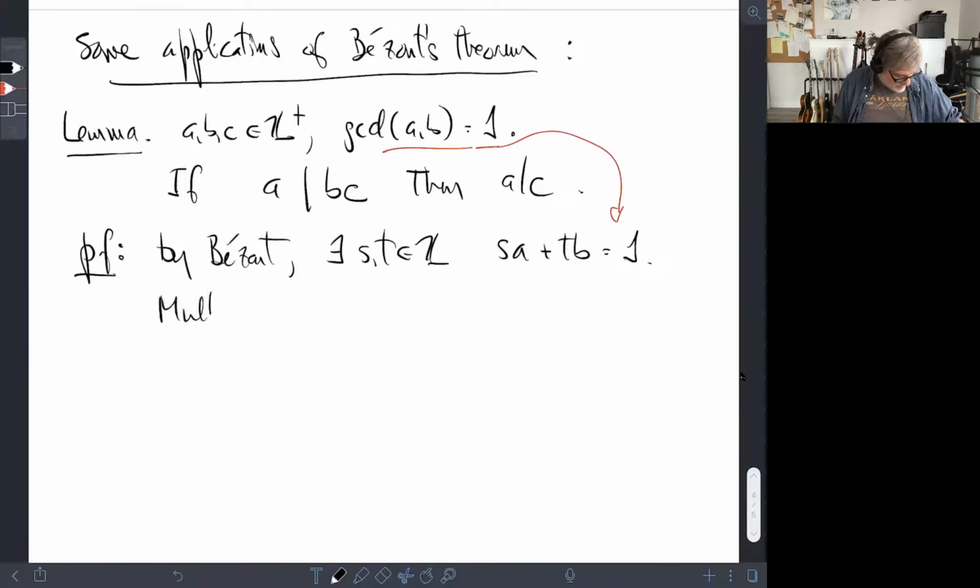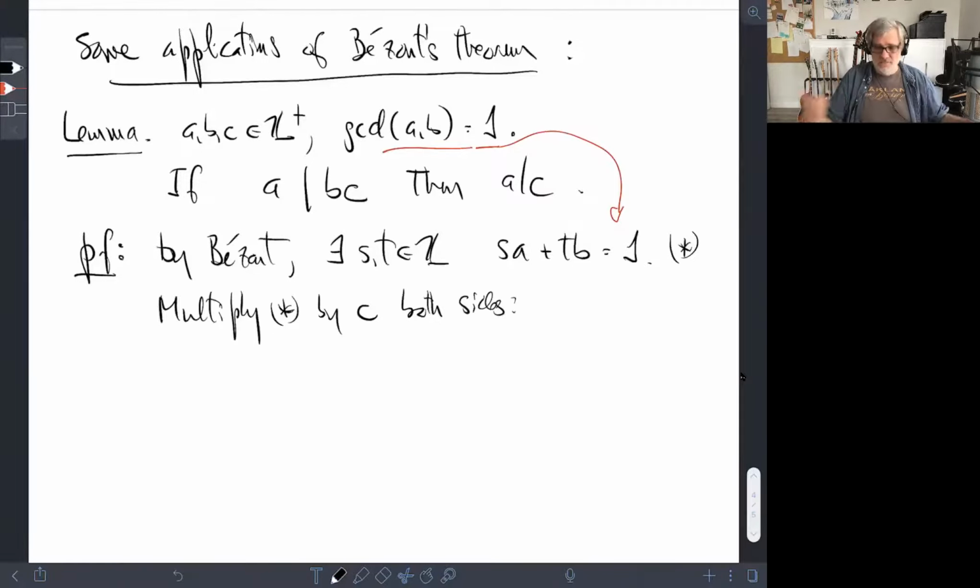Let's call this star. Multiply star by C on both sides. So you want to get C involved in this, right? Here's what we're going to get: SAC plus TBC equals C. What I want to show is that A divides C. Now, C is the right-hand side. If I can show that A divides the left-hand side, I'm done.